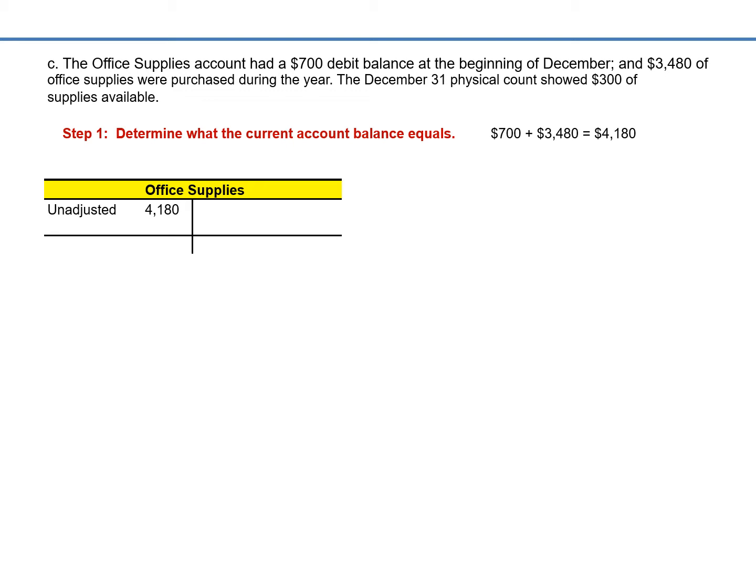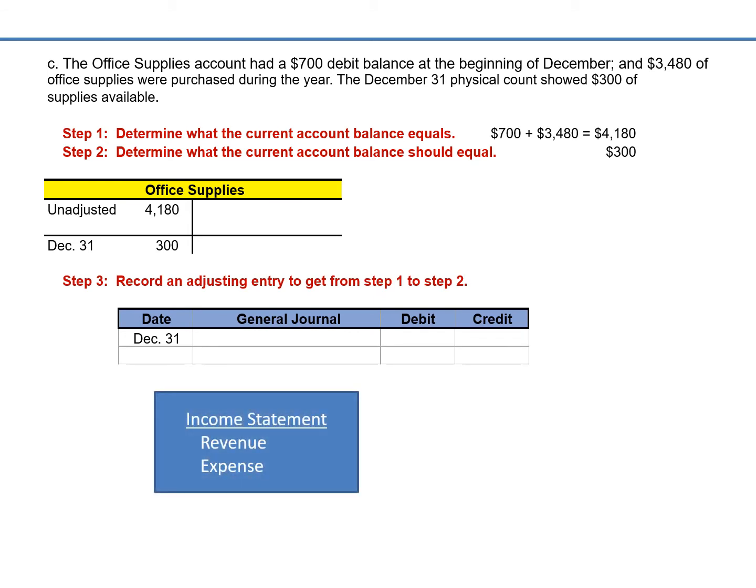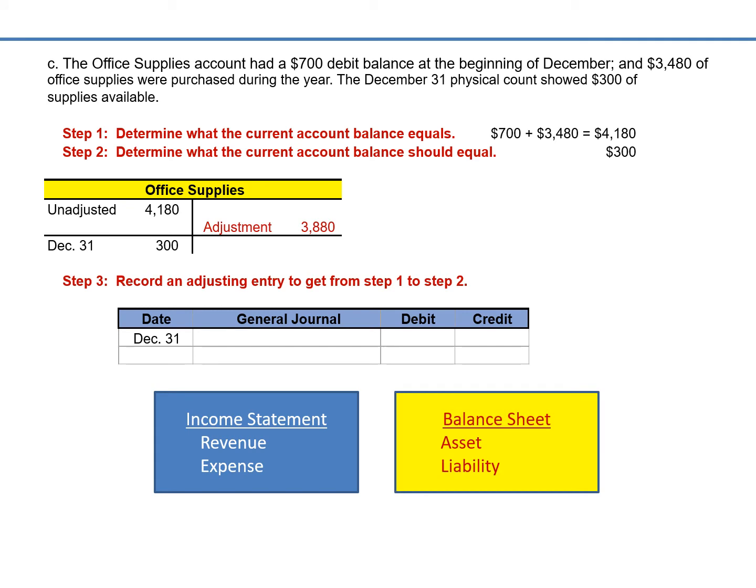It needs to equal 300. And so to reduce our office supplies account from $4,180 to $300, we need a credit, right? So we credit our office supplies asset account and we debit our supplies expense account for $3,880.